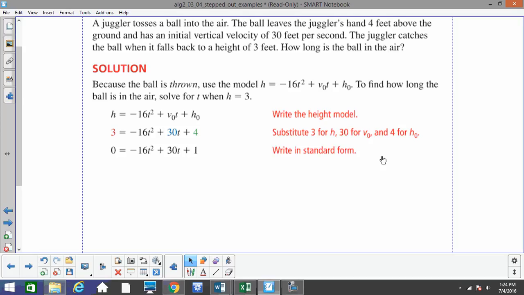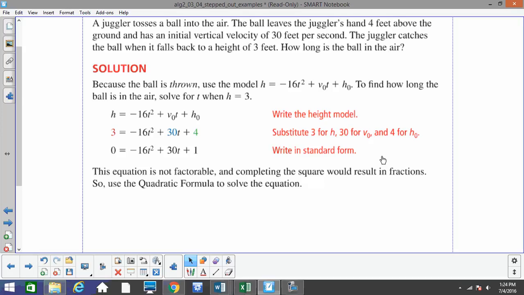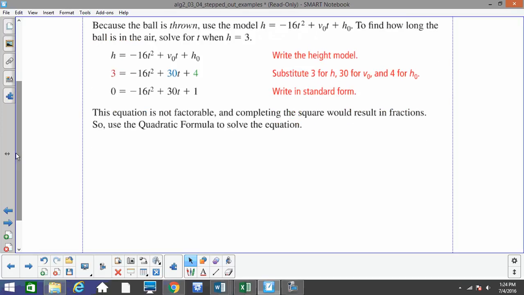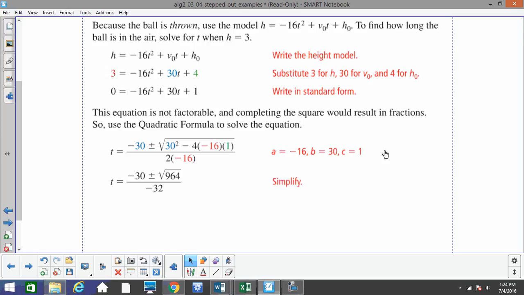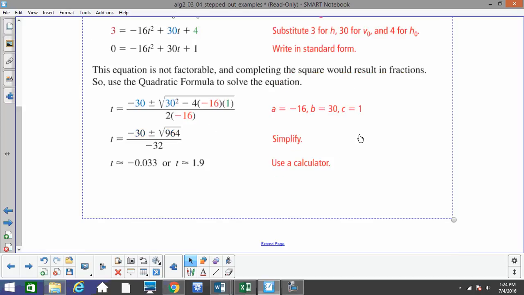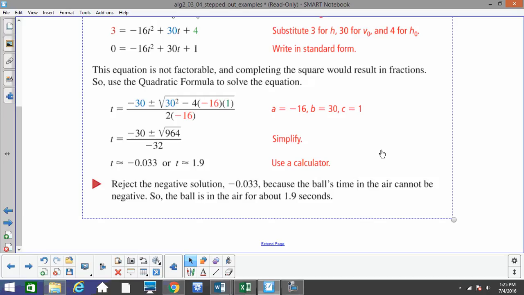Simplify it down. I don't want to factor that, and that would really be a pain in the neck to use completing the square. Plug everything into the quadratic formula. Simplify. Probably use my calculator to simplify this one. You're going to get a negative time. Disregard that. You can't have negative time. So the ball was in the air for about 1.9 seconds.